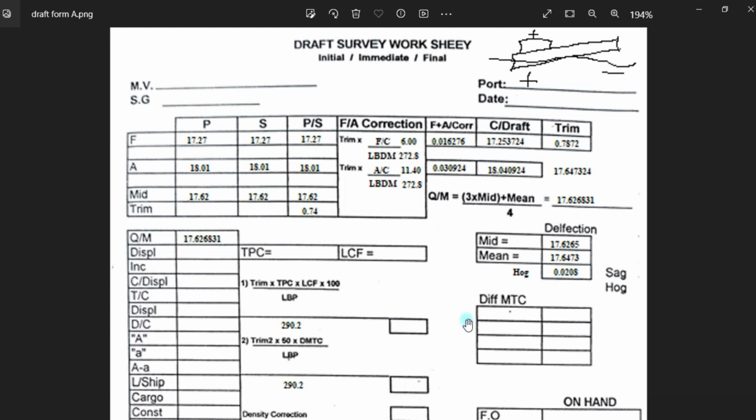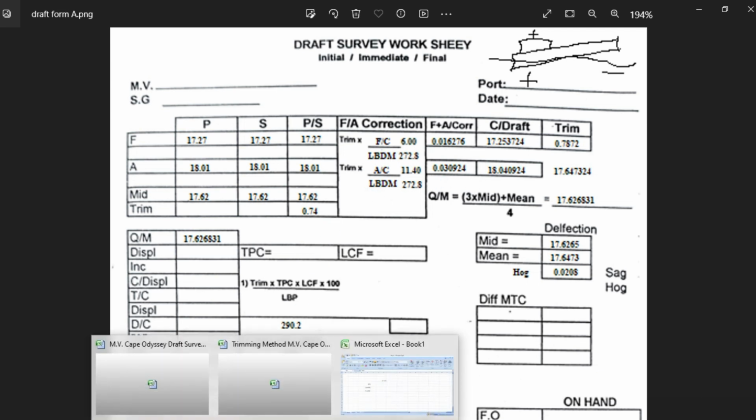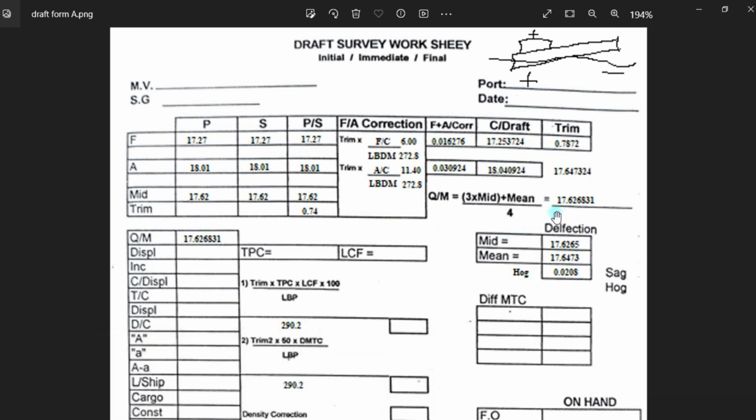Okay, so to check this manual procedure, I will show you the results. Your quarter mean will be 17.626831.